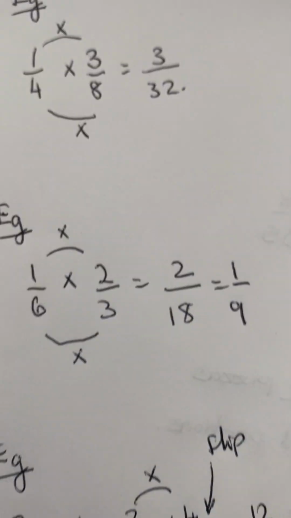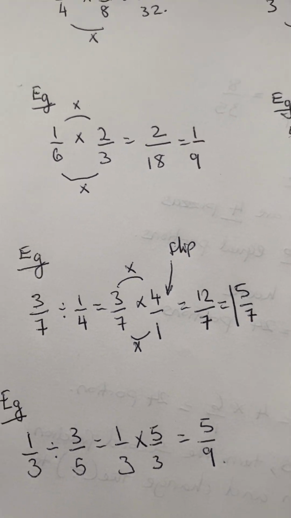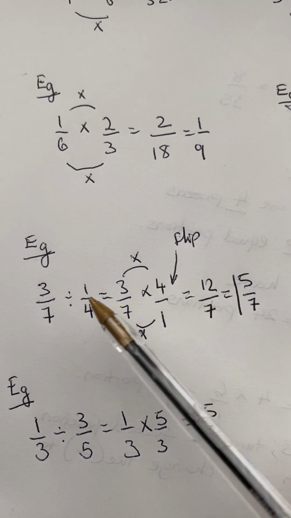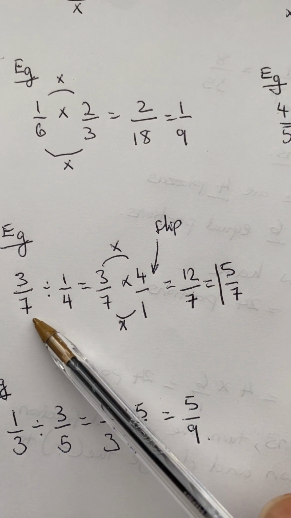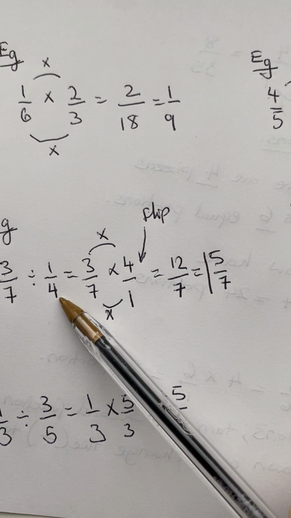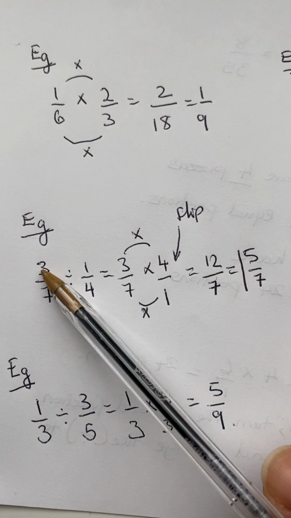Now the next example is a division example. Okay, 3 over 7 divided by 1 over 4. So we said we will keep 3 over 7.